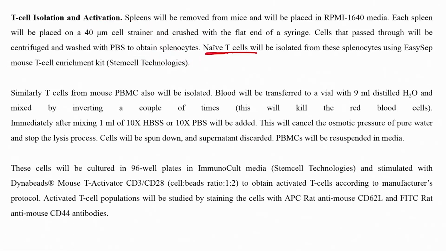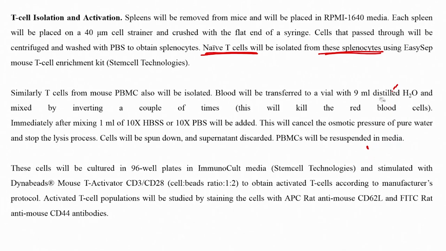The naive T cells, which are not activated, will be isolated from these splenocytes using the EasySep Mouse T Cell Enrichment Kit from STEMCELL Technologies. So after we get splenocytes, we can extract T cells from them with the help of this kit. Similarly, T cells from mouse PBMC will also be isolated. So, we can get T cells.